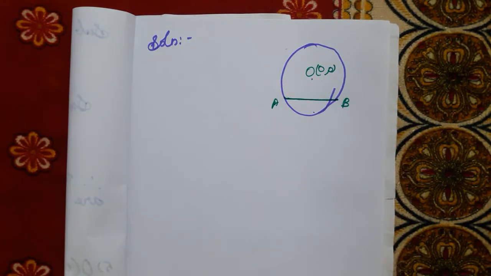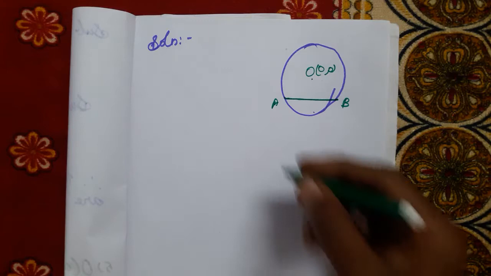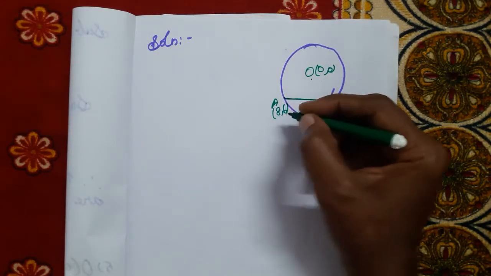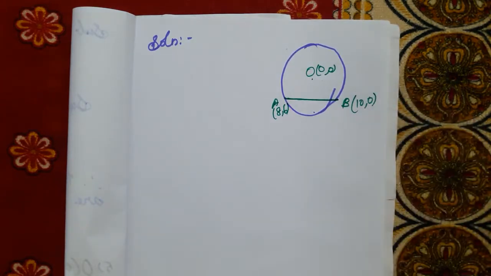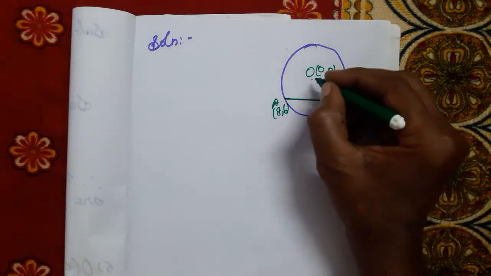Next, what is given? A point is (8, 6), B point is (10, 0). Next, OD is perpendicular from the center to the chord AB.